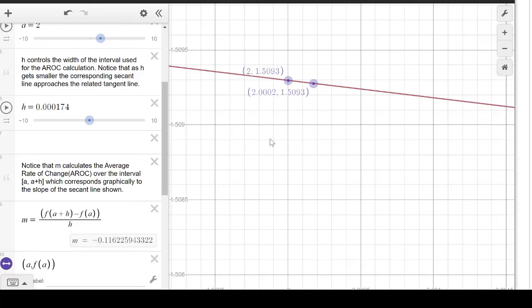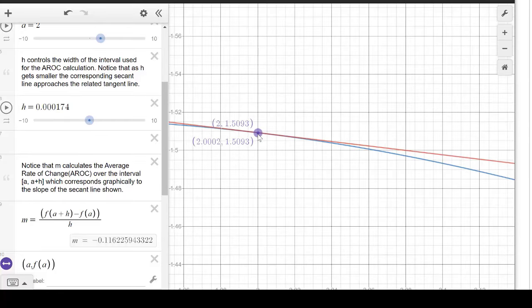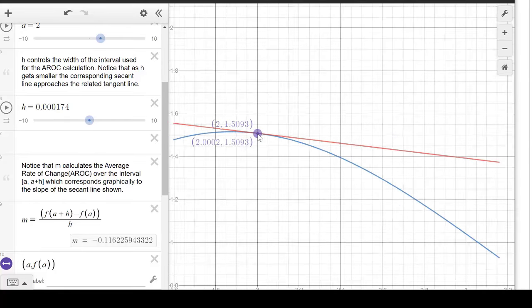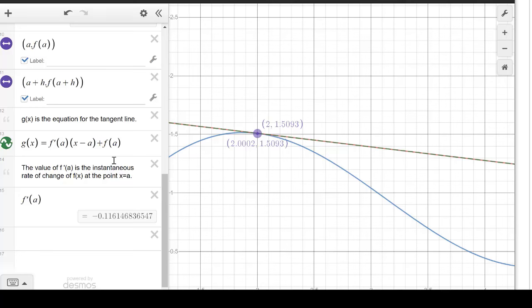The tangent is the name that we'll use, and that was that first line when we first introduced this applet that was present on the screen. You can just click G to see what that line looks like at this point. And as we said, our secant line approaches the tangent line as h gets smaller and smaller. The slope of this tangent line gives us precisely the derivative or instantaneous rate of change.